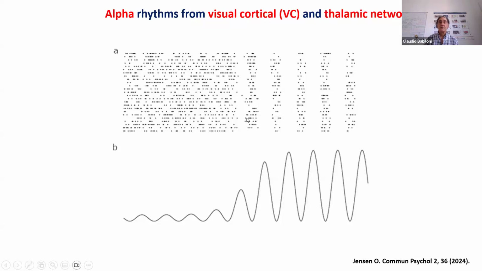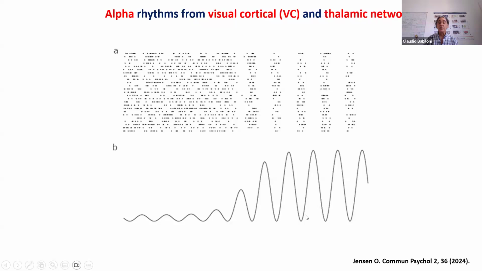And this neurophysiological index is able to show the frequency of the oscillatory activity of these neural populations. For example, in the theta frequency or alpha frequency or beta frequency.